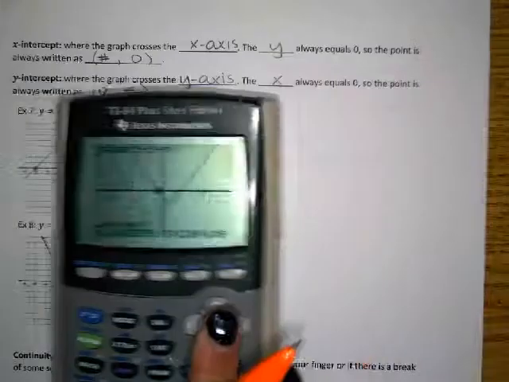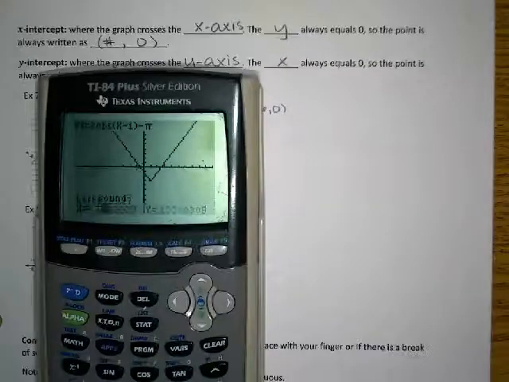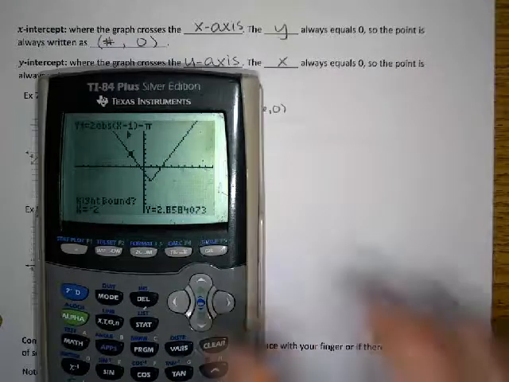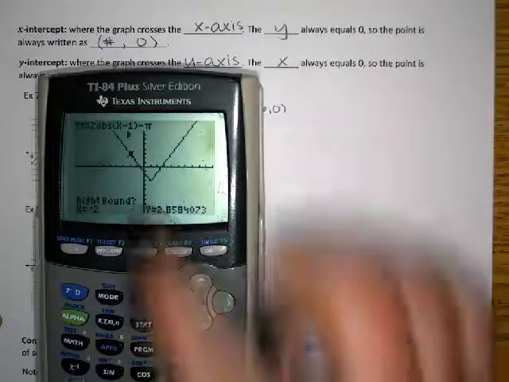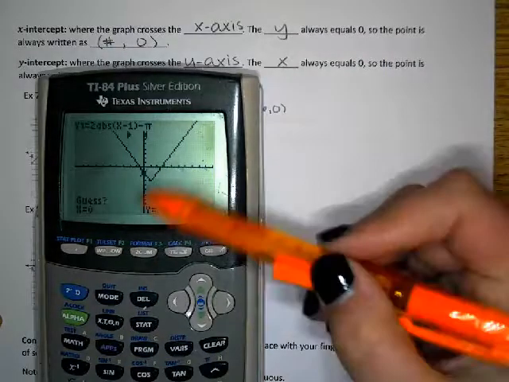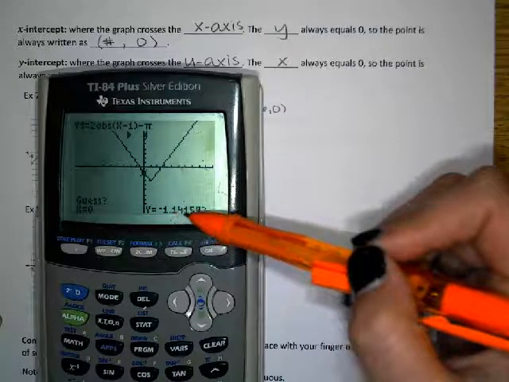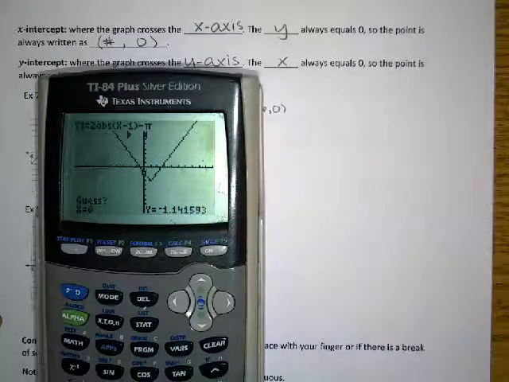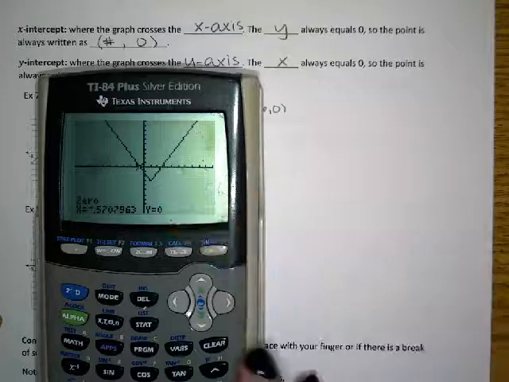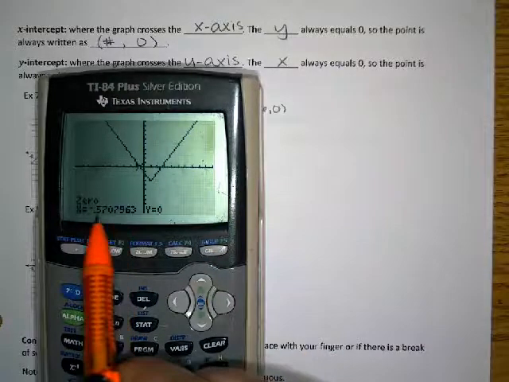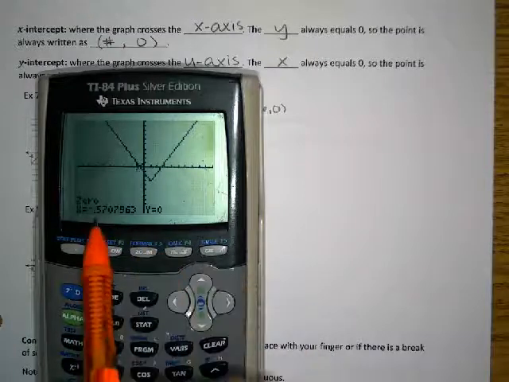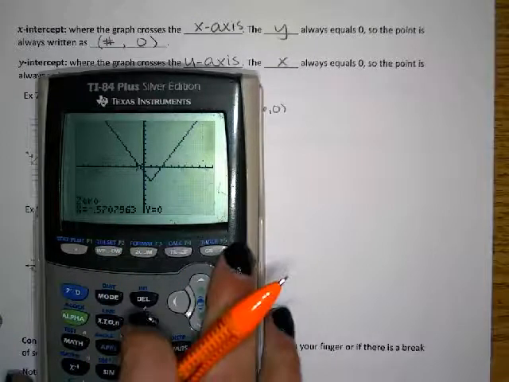So I'm going to type in -2 for left bound, and then press enter. And then for right bound, I'm going to press 0, and then press enter. Now it gives me a guess, but the guess is usually terrible, so I'm just going to press enter one more time, and then it gave me the x-intercept. So typically, if you get a decimal answer, I'm going to ask for 3 decimal places. So we're going to write -.571, 0.